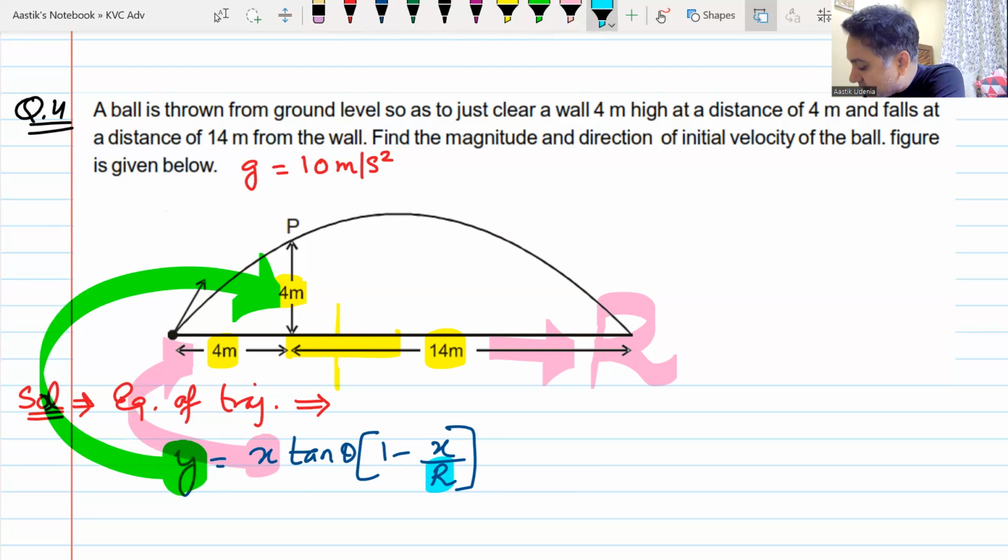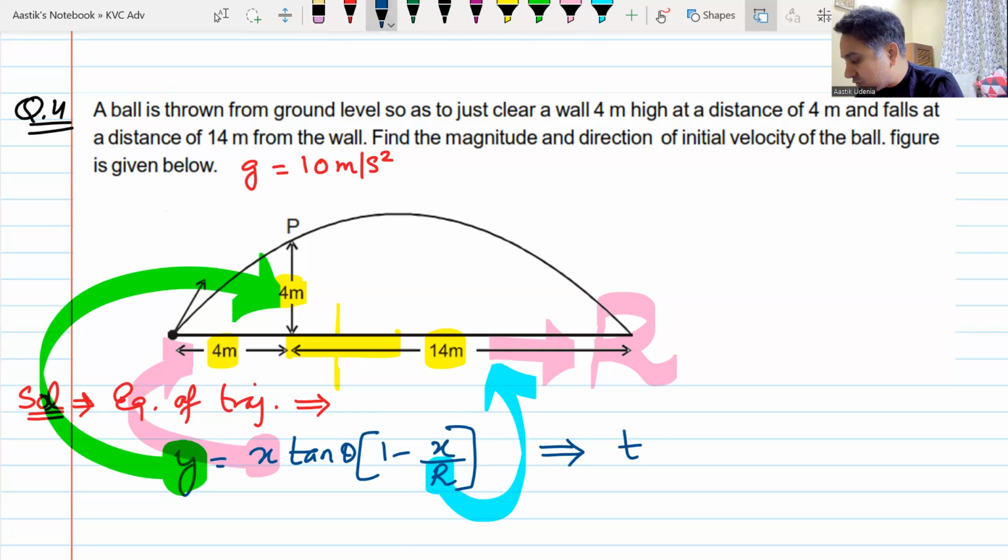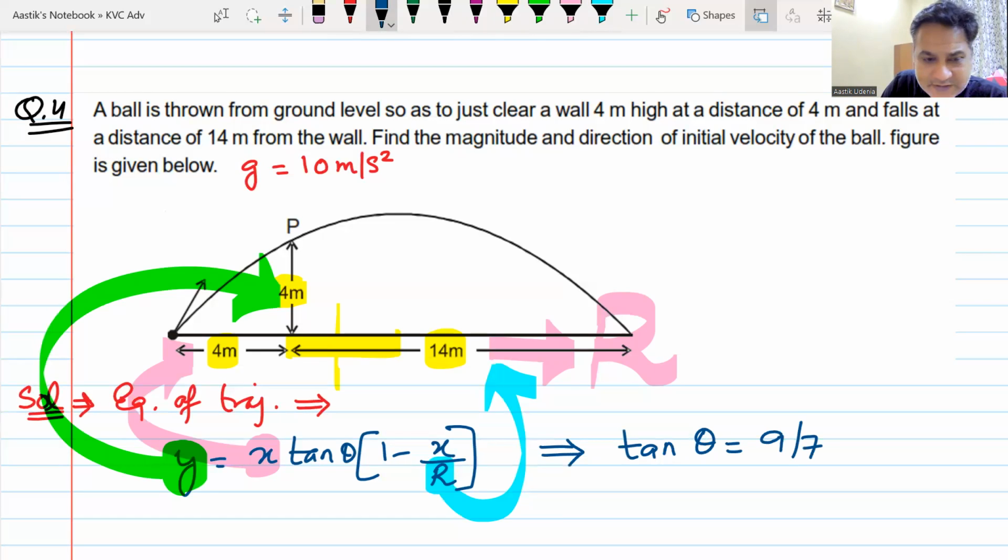What is the value of R? 18. You just put these values here and you will end up with the value of tan theta. I hope you can solve this. From here, you can get the value of tan theta as 9/7. That is correct.